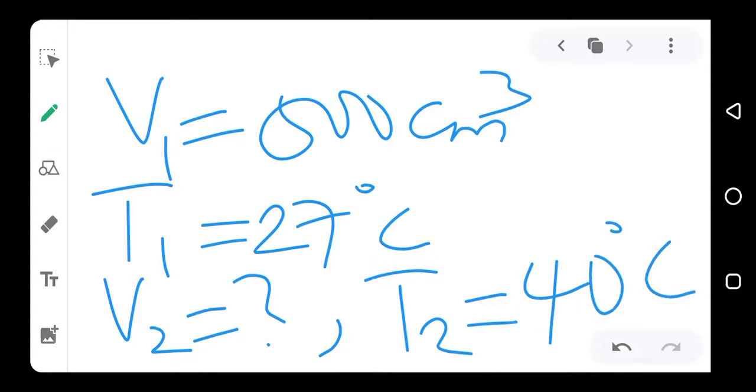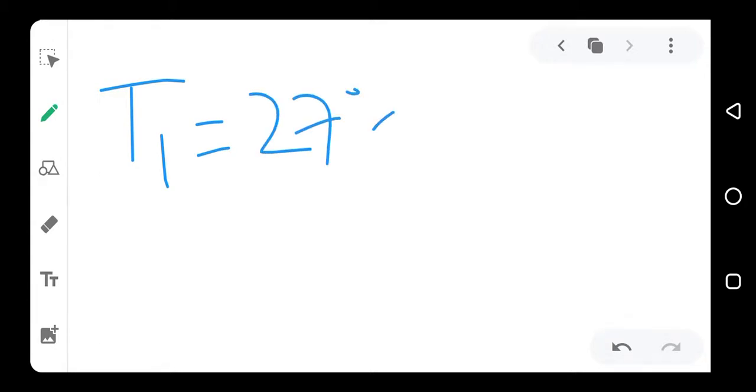Now, the first thing to do is to convert the temperatures from degrees Celsius to Kelvin. Converting the temperature, T1, which is equal to 27 degrees Celsius, to convert degrees Celsius to Kelvin, we add 273 to it.